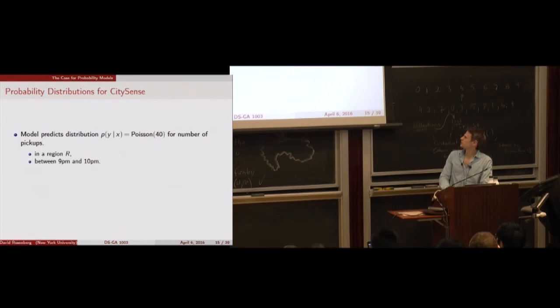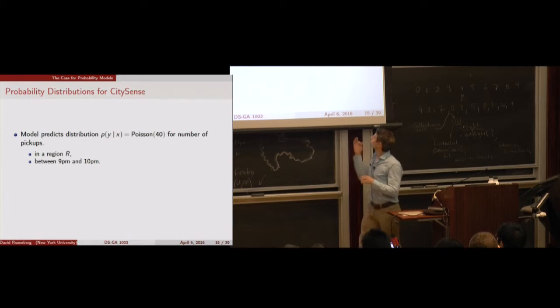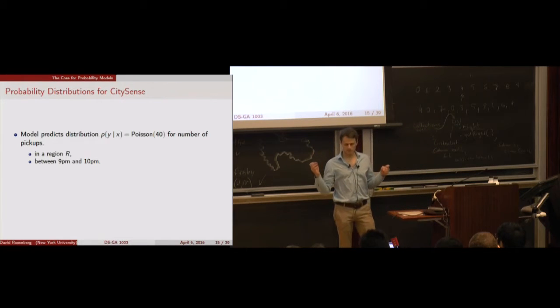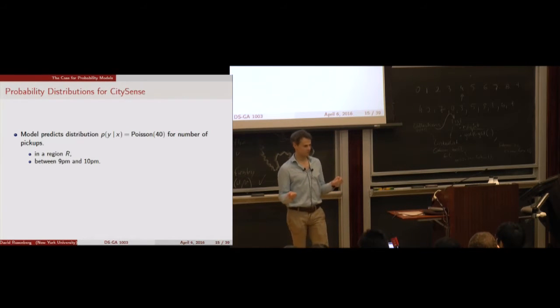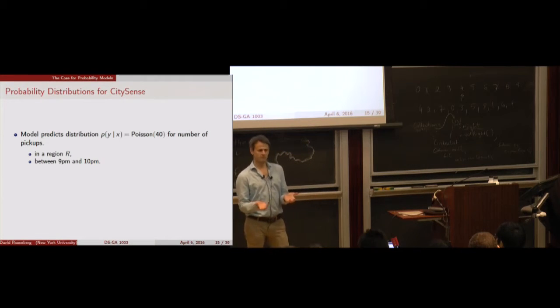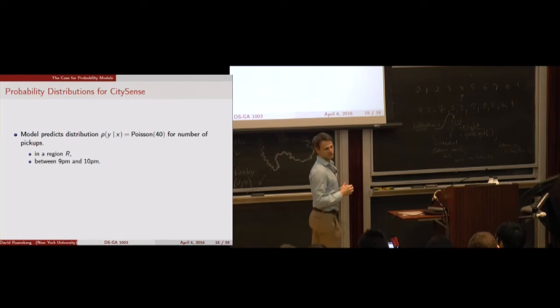So what else can we do with the distribution? Suppose we're predicting how many taxi cab pickups there will be. That's a count, right? And you should remember from some probability classes that one very simple family of distributions for count data is Poisson.